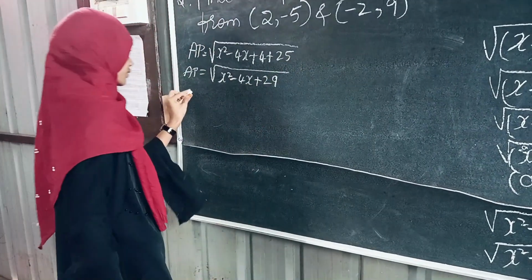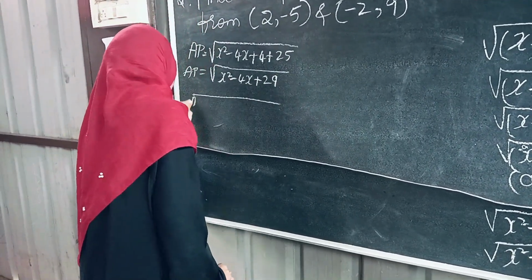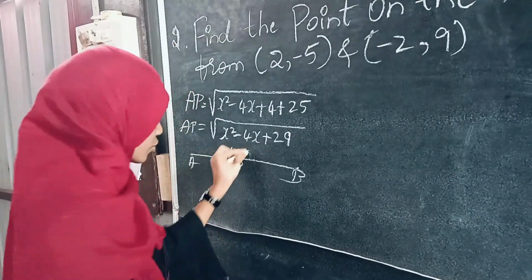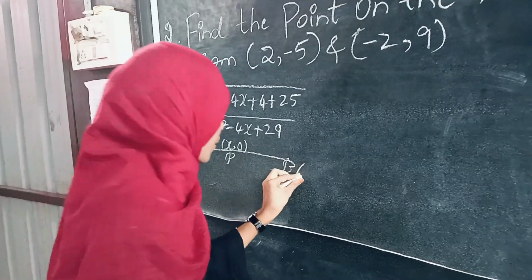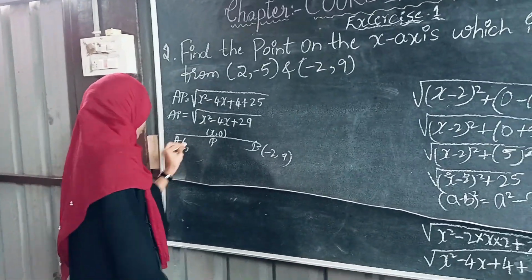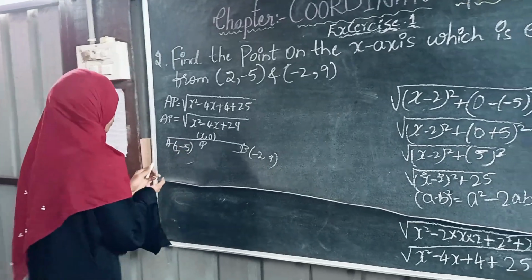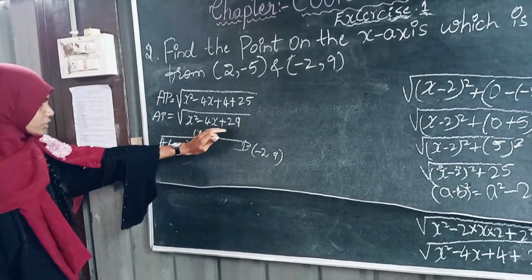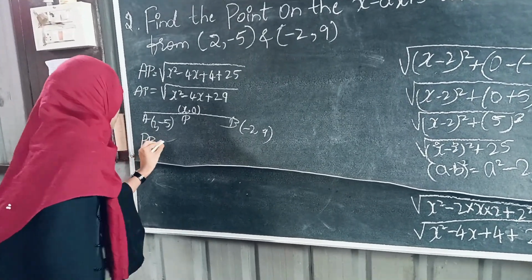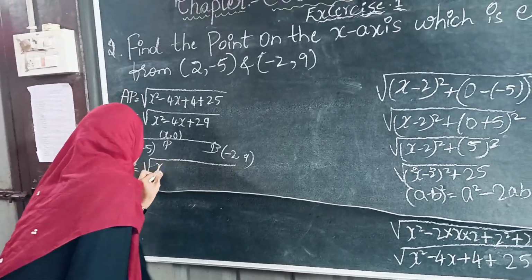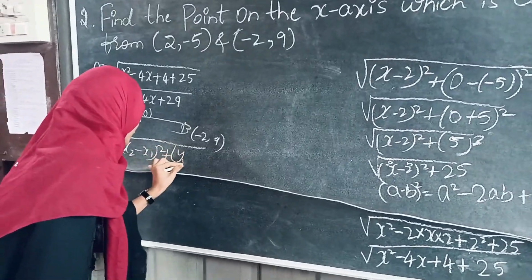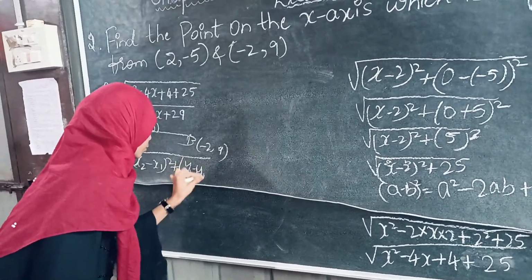Let me draw the figure once again. A, B. P is (x, 0), B is (minus 2, 9), A is (2, minus 5). We can't solve for this AP alone, so we will solve BP. BP is equal to root of (x2 minus x1) whole square plus (y2 minus y1) whole square.